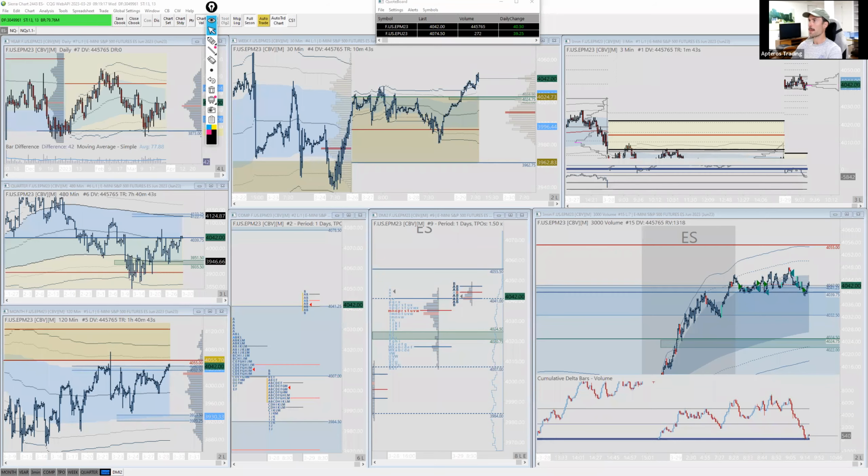Well, saw a little bit of selling as soon as I said that, but they didn't really change the nature of the up move too much. Buyers are problematic.